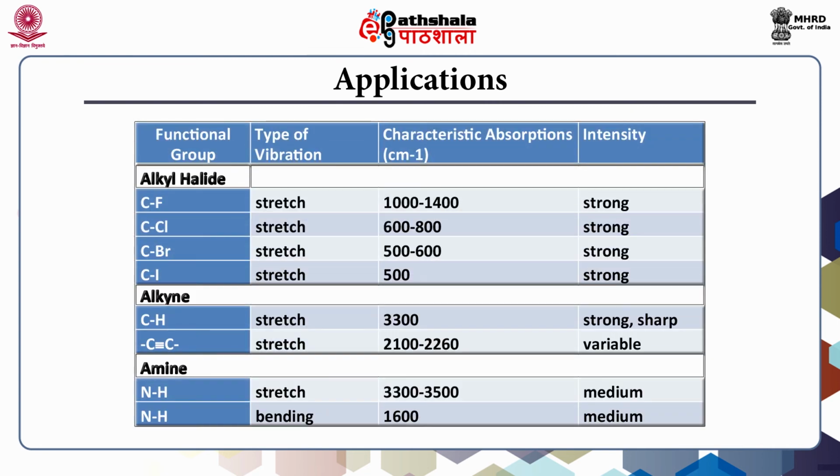In continuation of what we mentioned in the last table, this technique can also be used for identifying alkyl halide, alkyne, and amine, which also give a characteristic band at a defined frequency shown in the table.